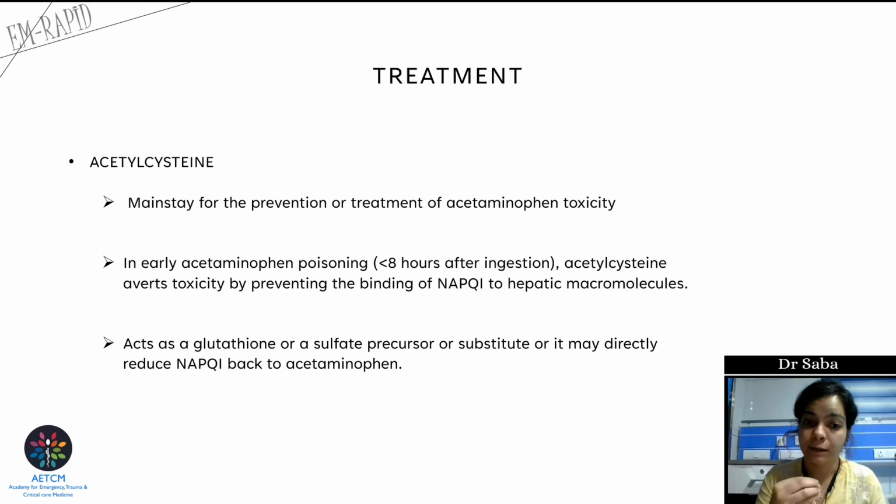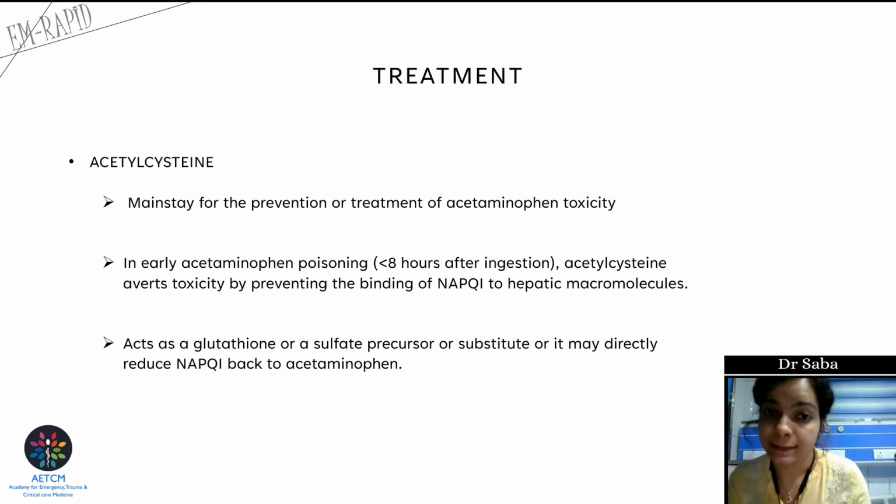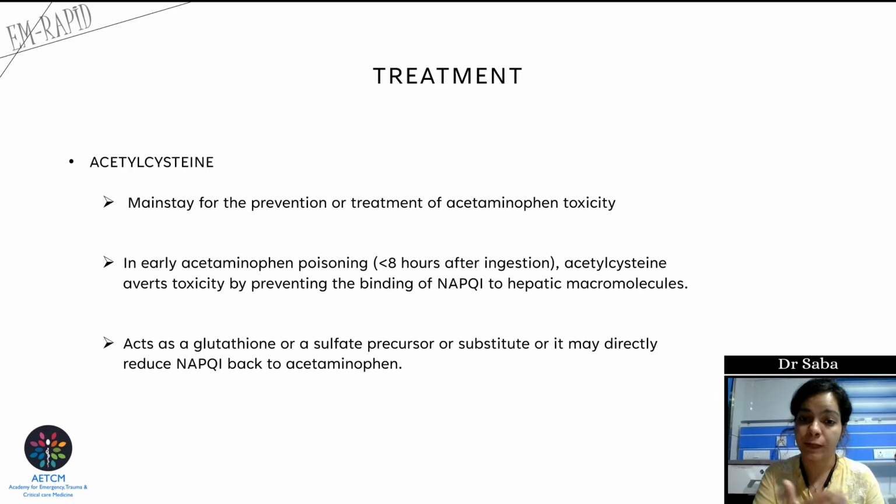So what N-acetylcysteine does is that it will prevent the binding of NAPQI to these hepatic macromolecules, and hence it will avoid the development of hepatic injury. So it acts as a glutathione or sulfate precursor or as a substitute, and it will directly reduce NAPQI back to acetaminophen. So this is how N-acetylcysteine works, and it still remains the mainstay for both prevention and treatment of acetaminophen toxicity.